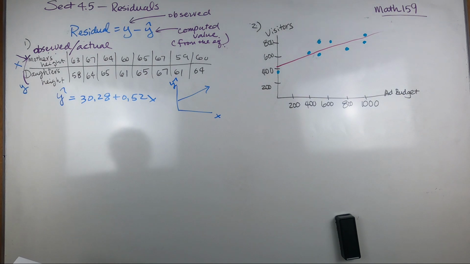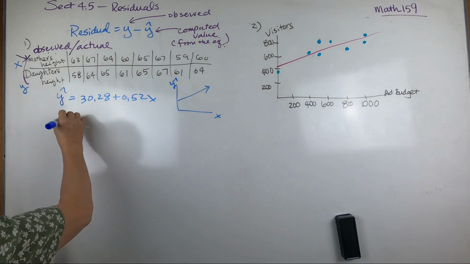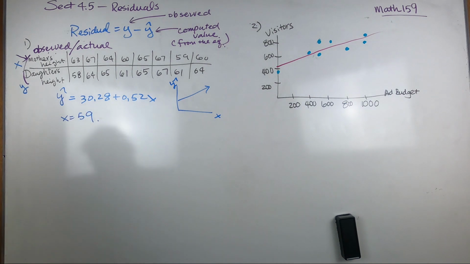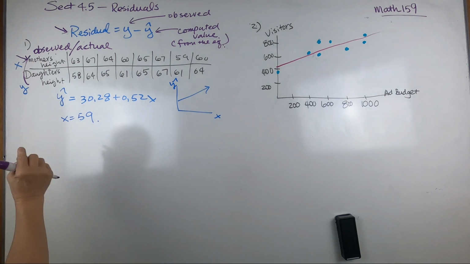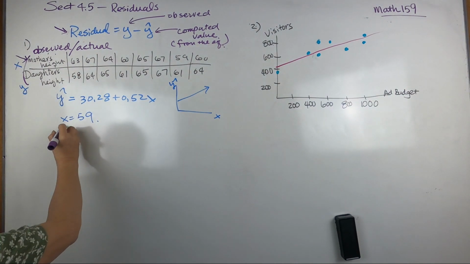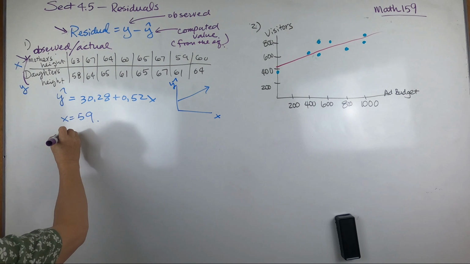It asks you to find the residual for the mother who is 59 inches tall. So when x is 59, it wants you to find the residual. According to the equation, when x is 59, what's your y hat?